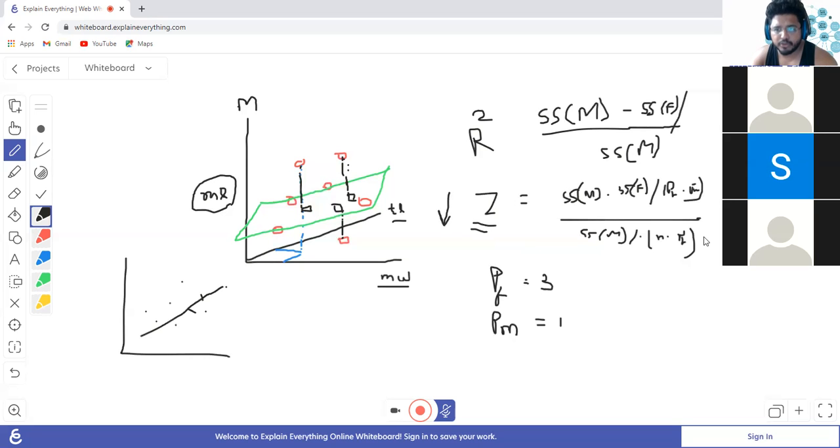When should I use linear regression, when should I use multiple regression, whether the tail length is actually statistically adding some real value to the mouse length or mouse weight was enough. Such decisions you can make with the help of parameters like R square and Z.